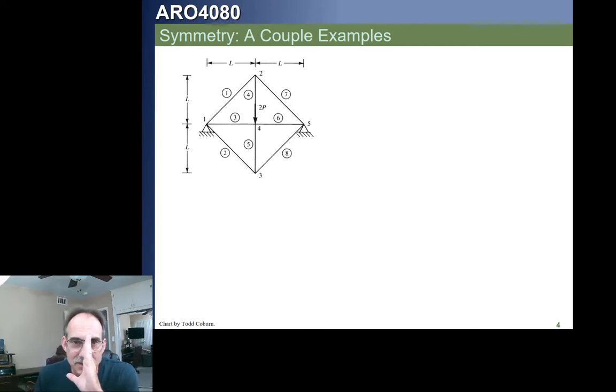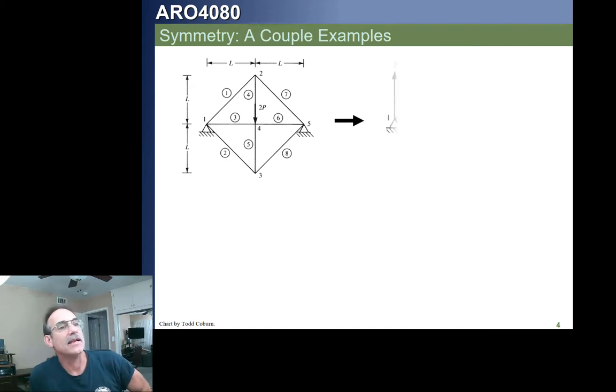We all kind of want to be symmetric about this kind of axis, but not about this kind of axis, right? So we hold a mirror and see if we have symmetry. If the structure looks the same in geometry, properties, material, and loading, then we can break it up at the interface, and we're going to tweak it a little bit so that it becomes a reduced problem.